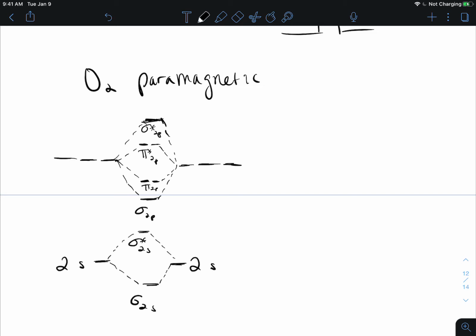Okay, so this is what it would look like, and we'd put our electrons in. Like so, and then we'd fill up our diagram like this.